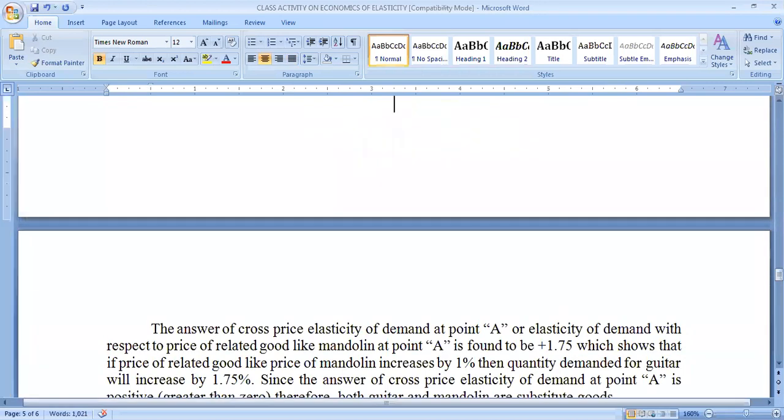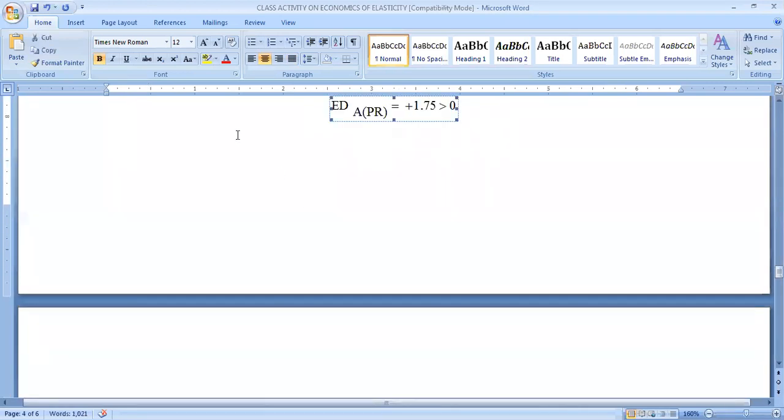Why should it increase? Because if we look at the answer, it is plus 1.75. The plus sign shows that a positive relation prevails between price of mandolin and quantity demanded for guitar, right? When the price of mandolin is expensive, the users of mandolin will also switch towards the consumption of guitars, right? So ultimately the demand for guitar will increase, since the number of consumers in the guitar industry will increase, since the users of mandolin have switched from mandolin's consumption to the consumption of guitars.